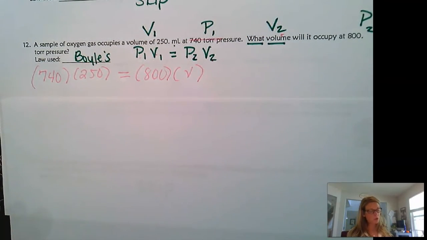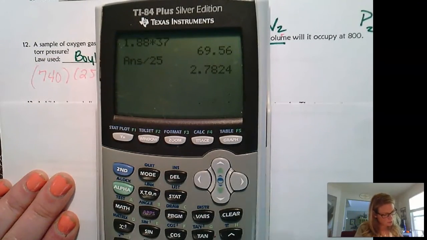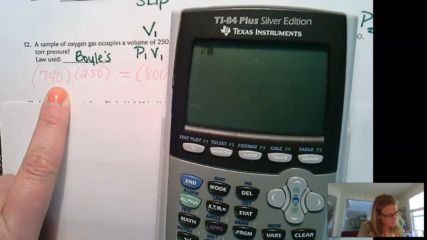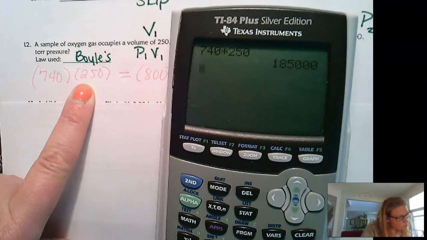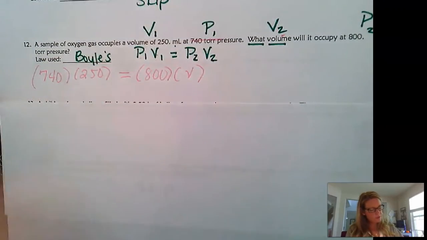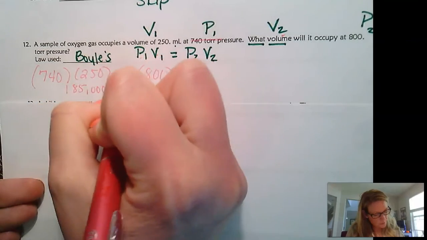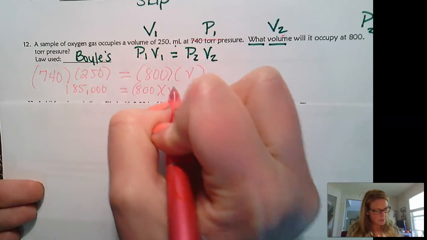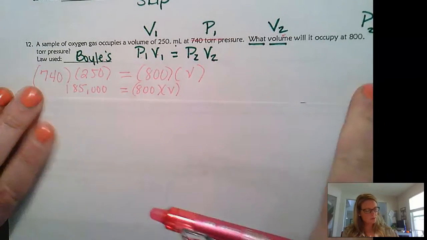Well, you have to, again, get that number all by itself. So the first thing we're going to do is multiply over here. 740 times 250 equals 185,000. 185,000 equals 800 times V. So what do we do to solve for 800 times V in this situation?